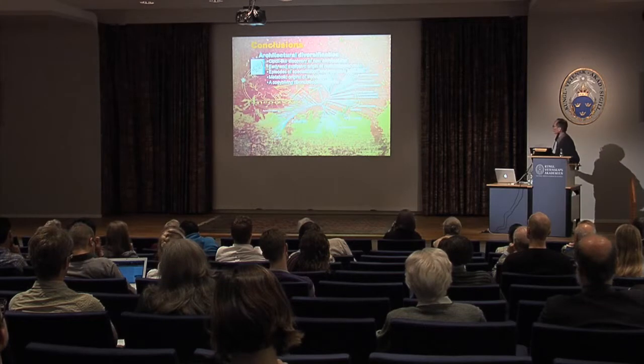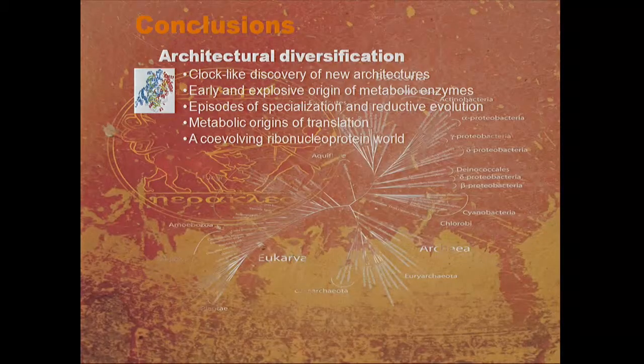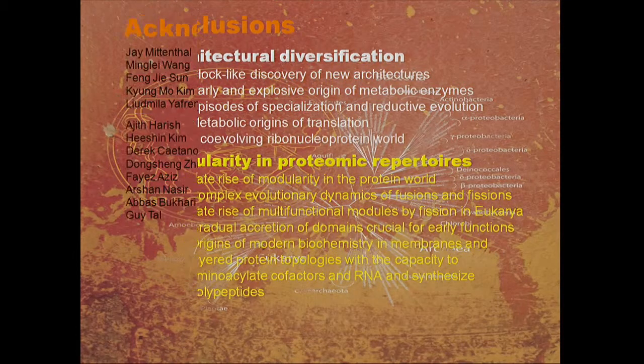So basically, this is to summarize. We see a number of patterns related to architectural diversification, including a co-evolving ribonucleoprotein world. We also see modularity span out in the proteomic repertoires with an origin of modern biochemistry in membranes, perhaps, and layered protein topologies with the capacity to aminoacylate cofactors in RNA and synthesize polypeptides.